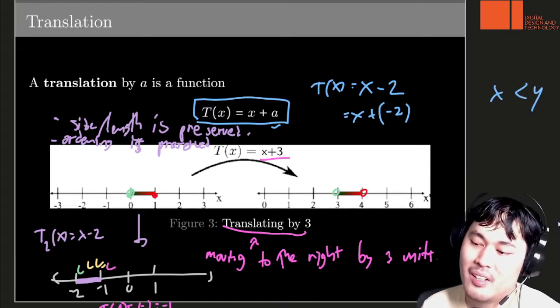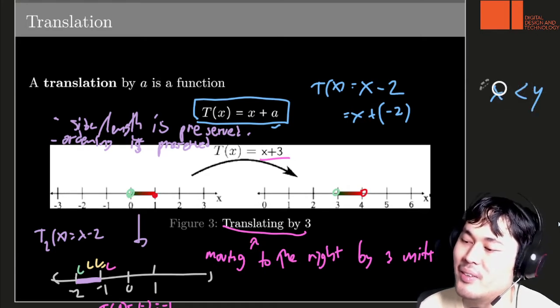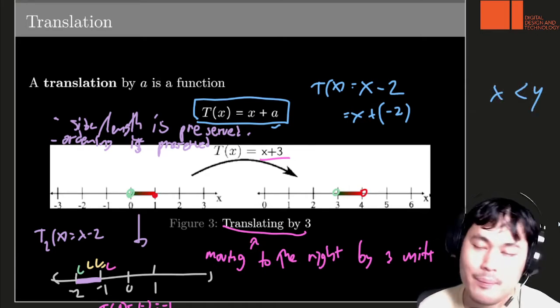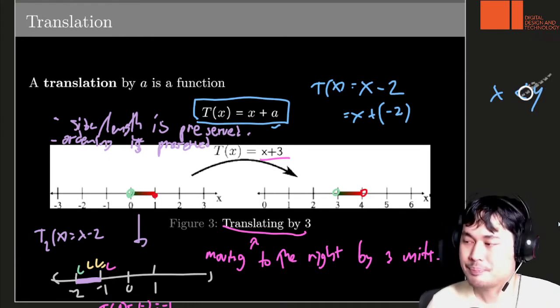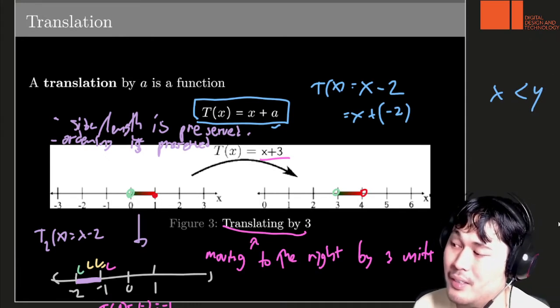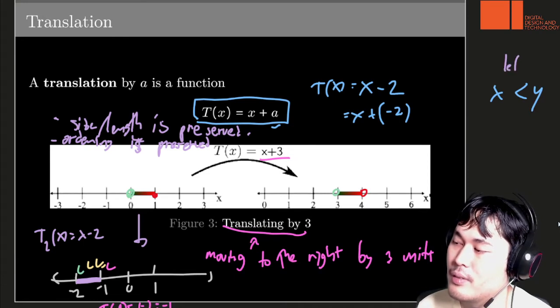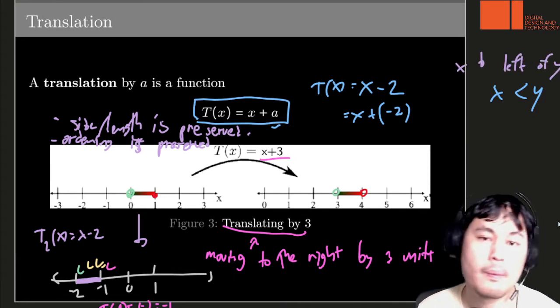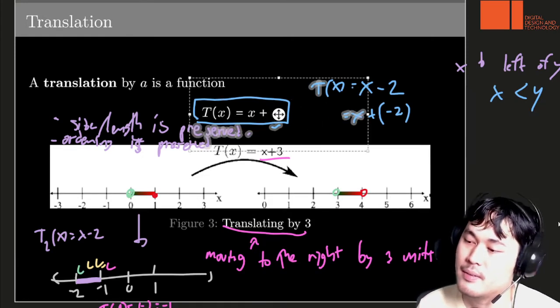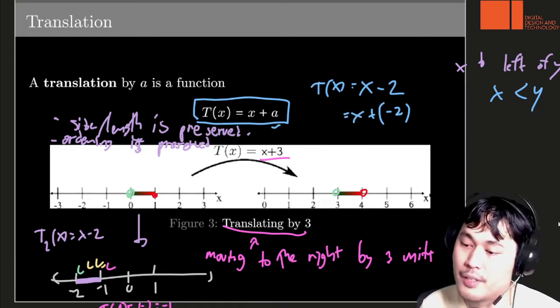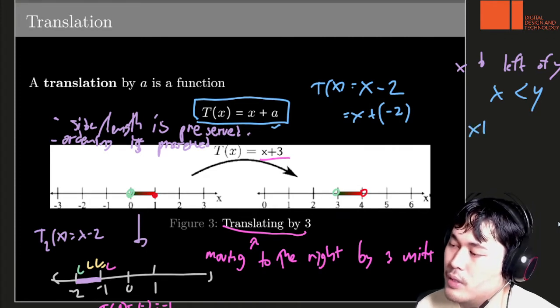When we talk about the order on the line, we say that some number is smaller than another number, or in this case, that this point is to the left of y. And if you translate all the points by the same amount, we should still get the same inequality.